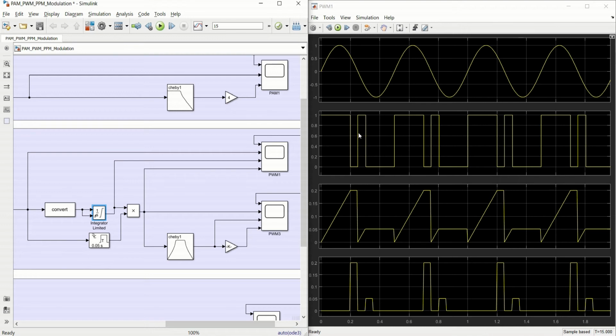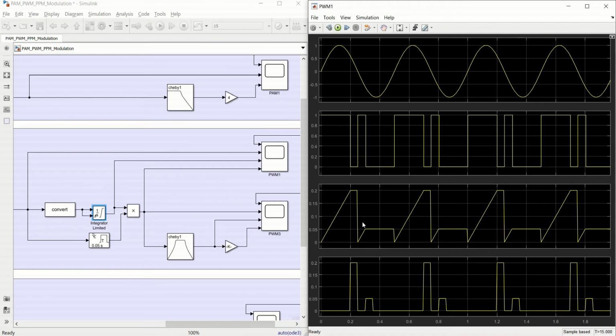So whenever we have a rising edge, we have a reset of this integration, and then again it would increase whenever we have a positive pulse, and at 0 it would remain stable until again we have a rising edge where it would reset to 0, and then again for the positive pulse amplitude it would again increase, and so on. So this is the output of an external reset integrator block that we have used.